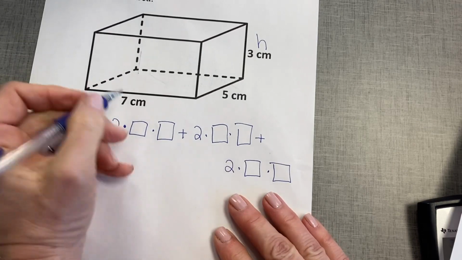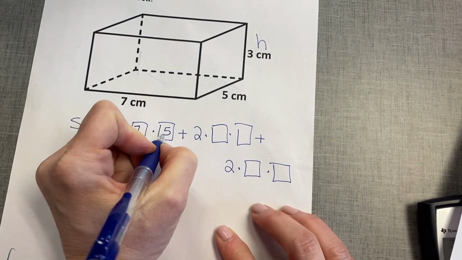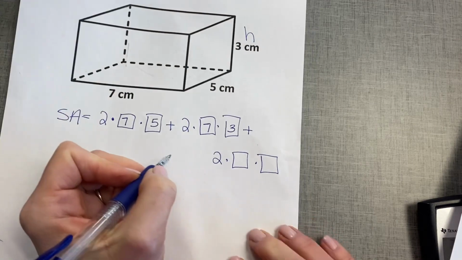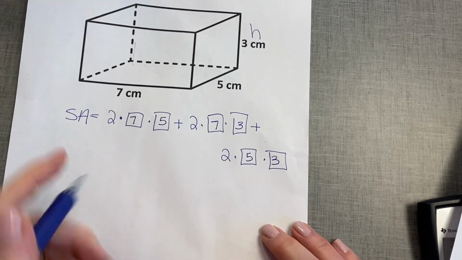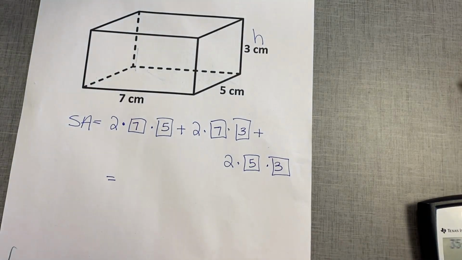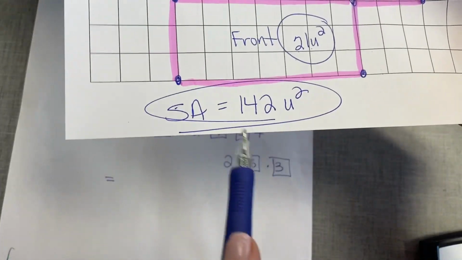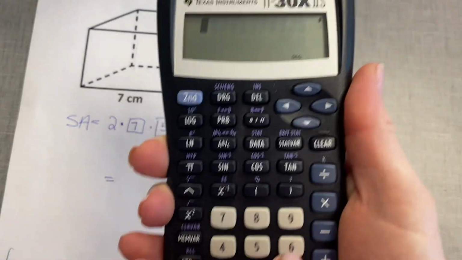Let's put the numbers in. Length 7, width 5. Length 7, height 3. Width 5, height 3. And if I type all of that into my calculator, I hope I get 142. Let's see if I do.